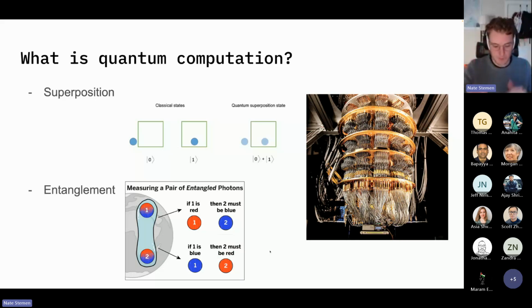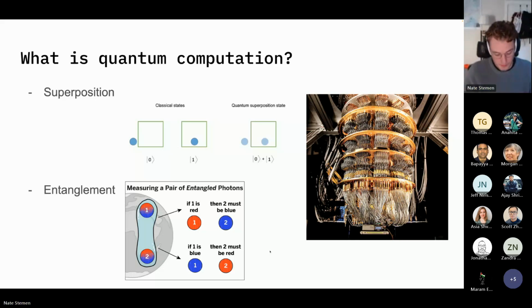And I guess before going further, there's a point to be made here about what we know about the theoretical computational power of a quantum computer versus that of a classical computer. We know that there are problems that are very hard to solve on a classical computer. For example, one of those hard problems is factoring large integers.